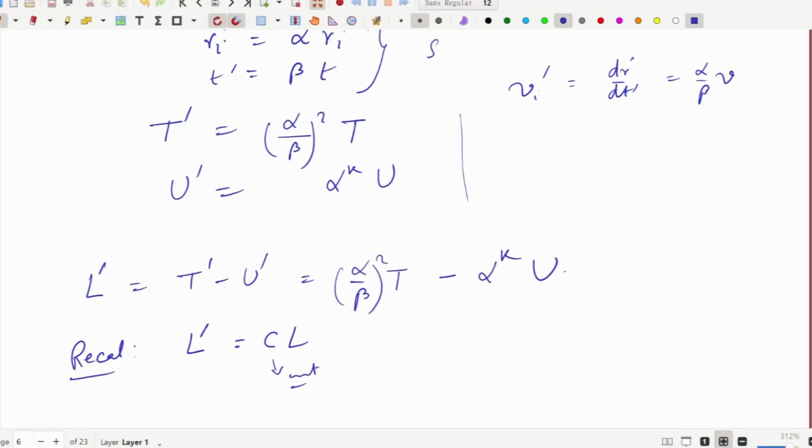Now, alpha and beta are two arbitrary numbers, but now I make a relation between alpha and beta in such a way that (alpha by beta) whole square is alpha to the power k.